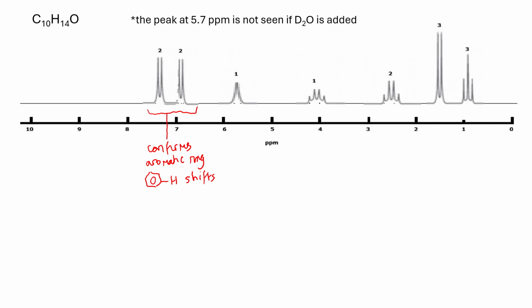And the total area is 4. Which means that there are 4 hydrogens on the ring, which means that there are 2 substituents.